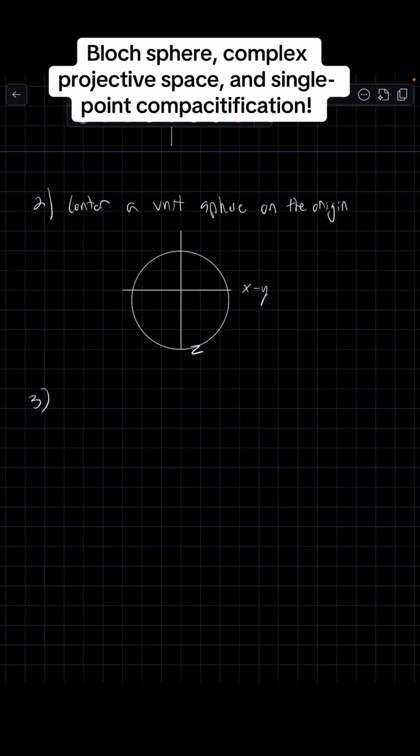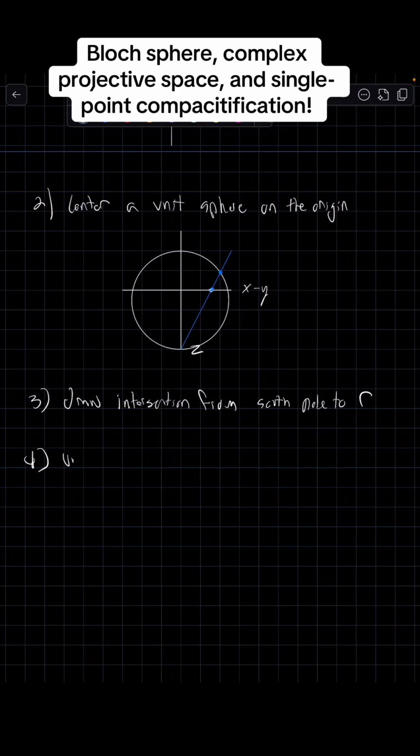Then draw a line from the South Pole to point R. So we had R here, for example. We draw this, and the intersection point is here.